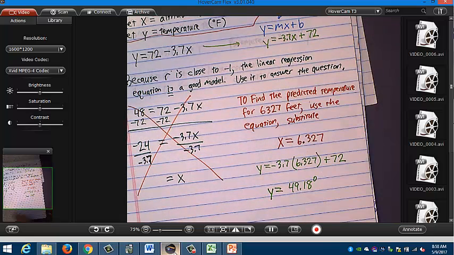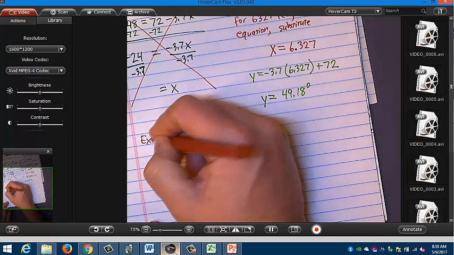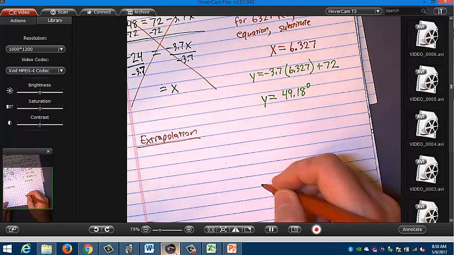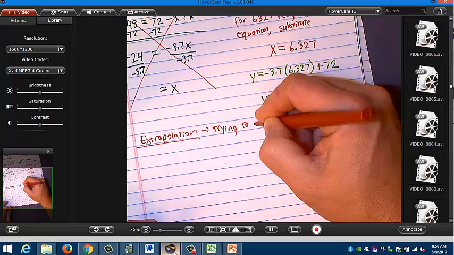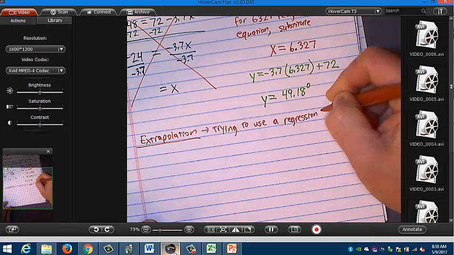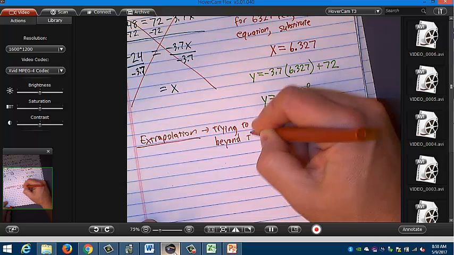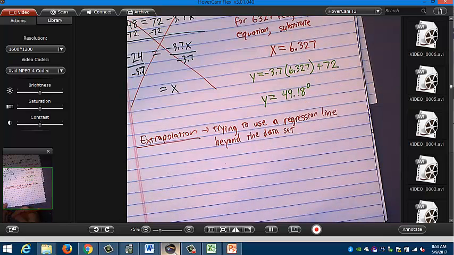That would be what's called extrapolation. Extrapolation is trying to use a regression line beyond the data set. Do you understand what I mean by beyond the data set? I mean higher than the highest point or lower than the lowest point.